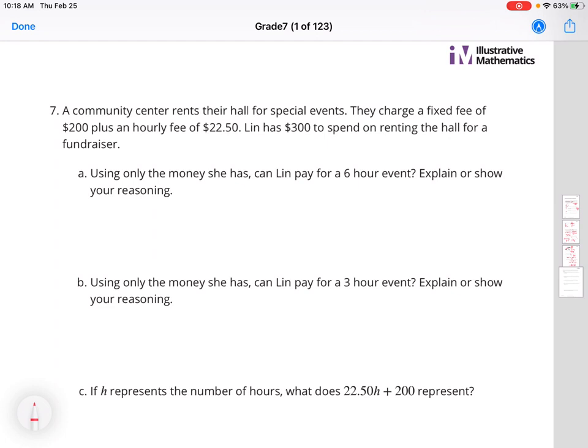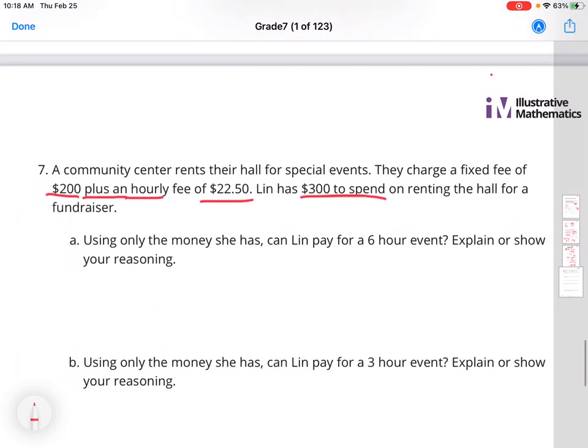Okay, so we know she has $300 to spend. She has to pay $200 plus $22.50 per hour. So that tells me that she can only spend $300. So that means that her total has to be less than or equal to $300.